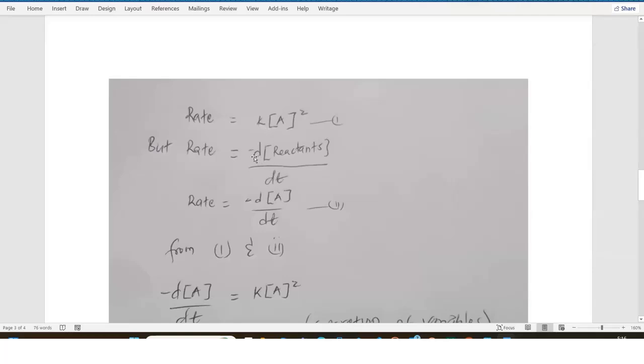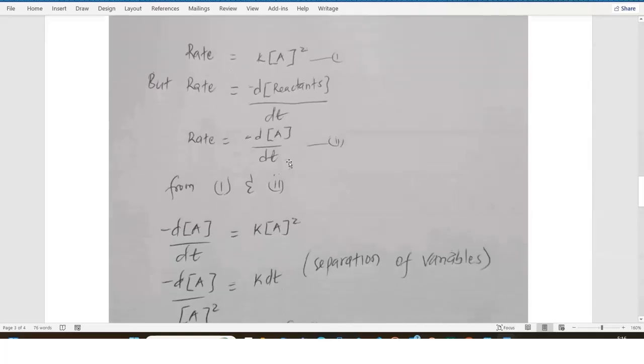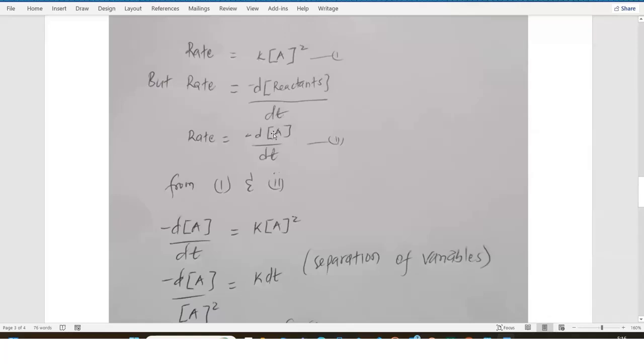Why are we putting a negative? It's because as time goes by, the reactants are changing. In other words, the quantity of hydrogen peroxide is decreasing. Therefore, if we substitute in the reactant being A, remember we said A is hydrogen peroxide, this becomes the equation.